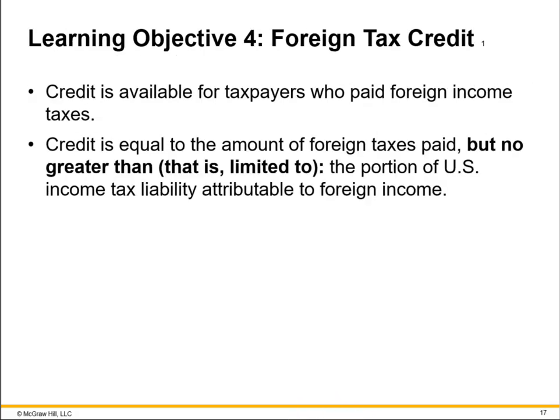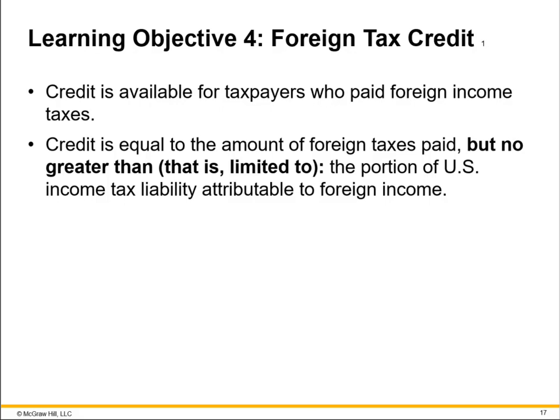All right, the last credit for this first part, okay? If we had income outside of the United States and paid taxes on it, okay? If we're citizens of the United States, we have to file a tax return. We have to report all of our income regardless of where it is made.